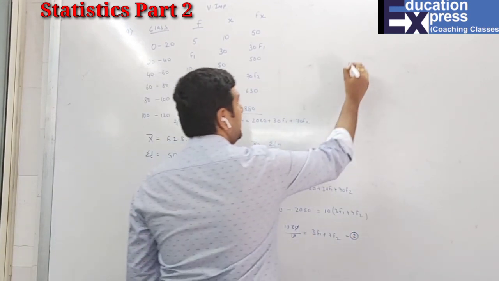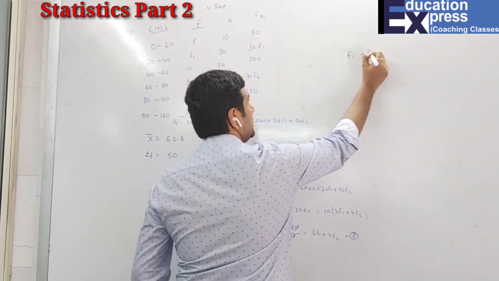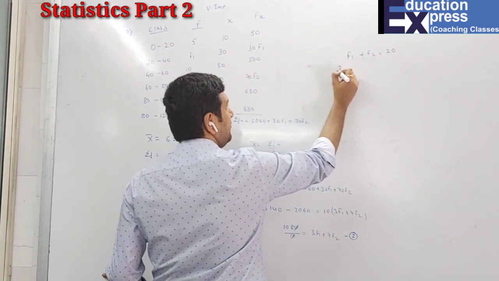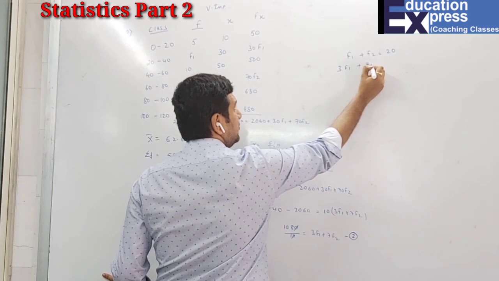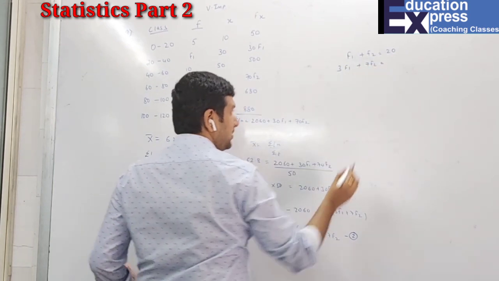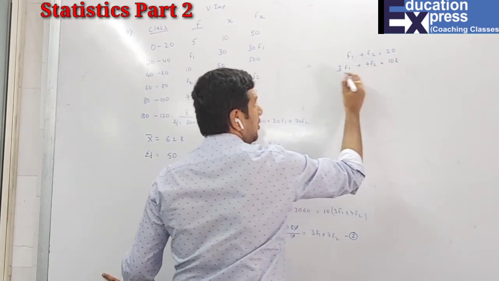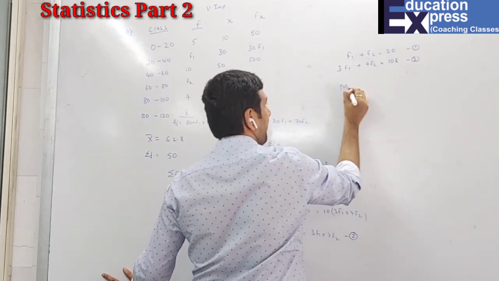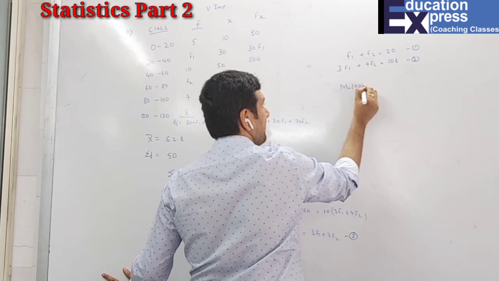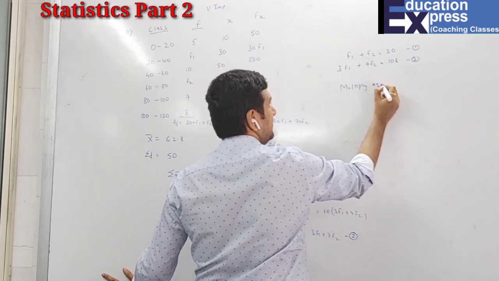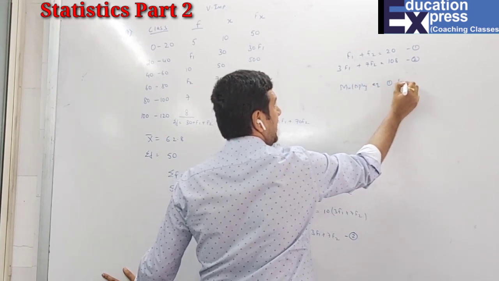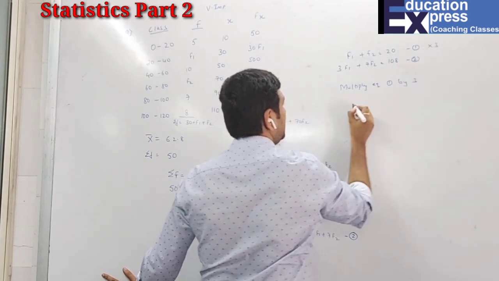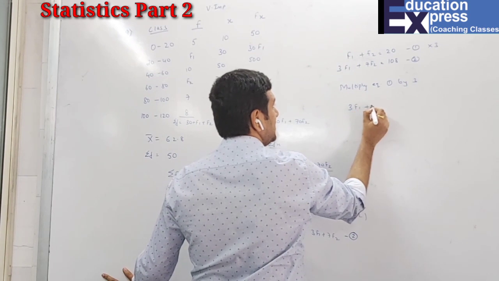What is equation 1? f1 plus f2 is 20, and equation 2 is 3f1 plus 7f2 equals 108. Now I will multiply equation 1 by 3, so I get 3f1 plus 3f2.